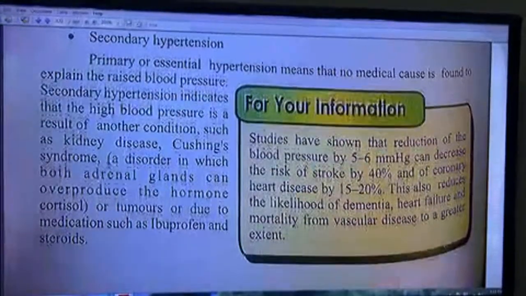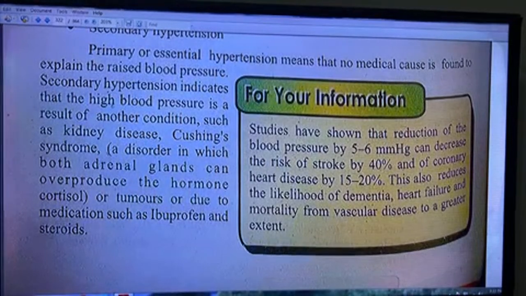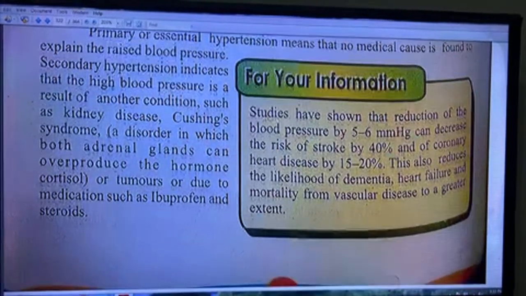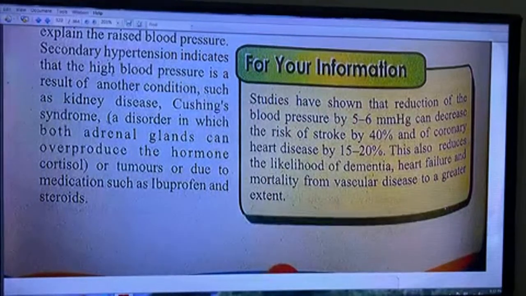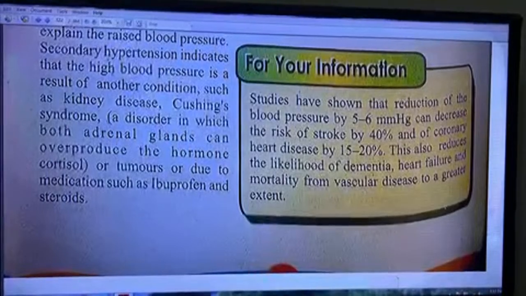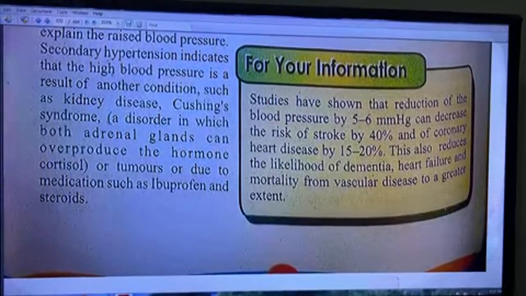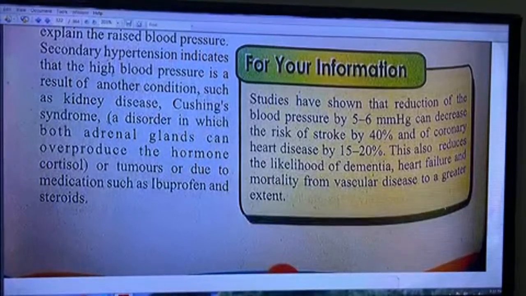Primary or essential hypertension means that no medical cause is found to explain the raised blood pressure. Secondary hypertension indicates that high blood pressure is a result of another condition such as kidney disease, Cushing syndrome, a disorder in which both adrenal glands can overproduce the hormone cortisol, or tumors, or is due to medication such as ibuprofen and steroids.